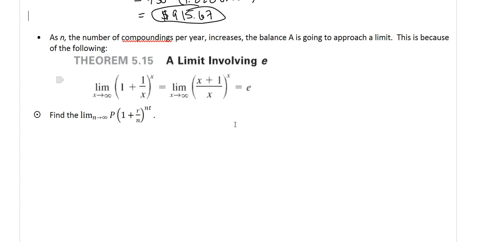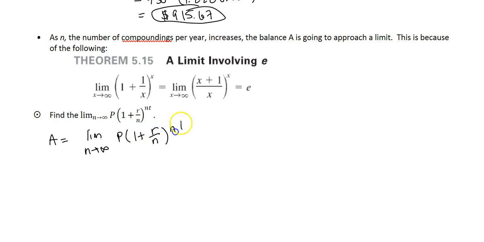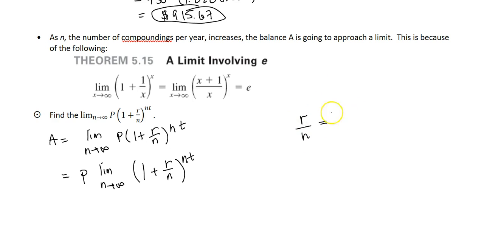So if I were to take the limit as n approaches infinity of P times (1 plus R over N) to the NT, I could go ahead and bring out the P. So I'd have (1 plus R over N) to the NT. And R over N is equal to 1 over (N divided by R), because you would do the keep, change, flip thing.